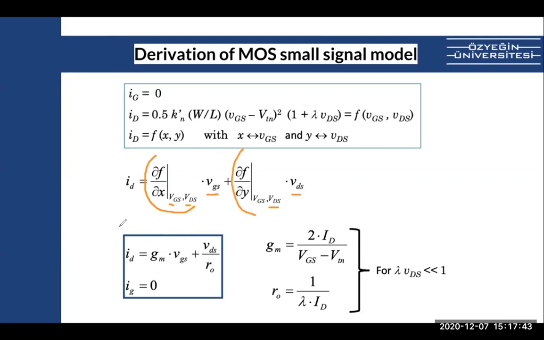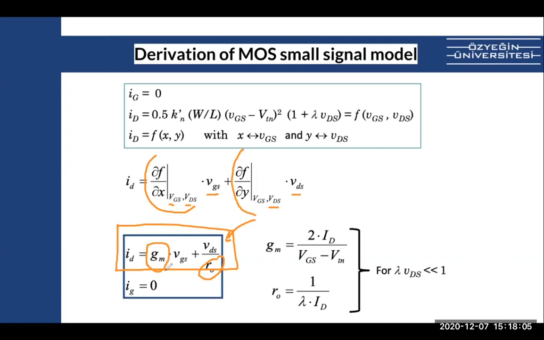When you do that, you create this formula, and you can see that ID is dependent on transconductance GM and R0 resistance. And now from this, we can define the small signal model.